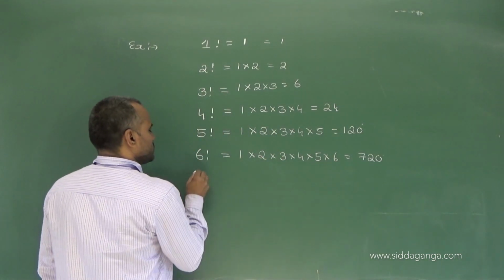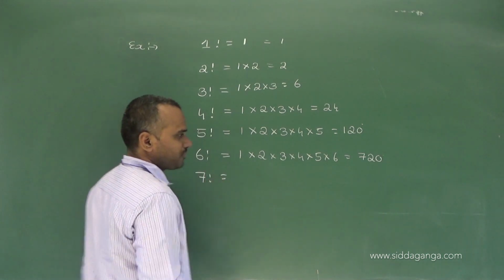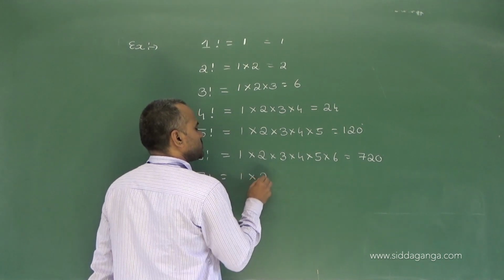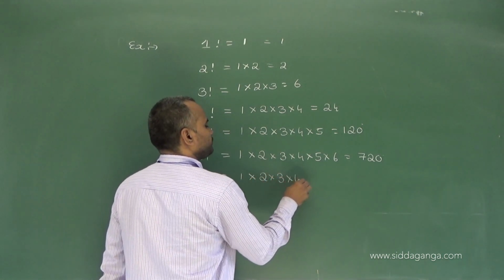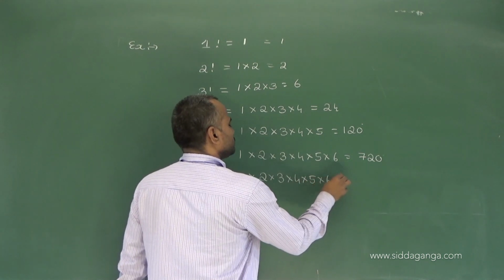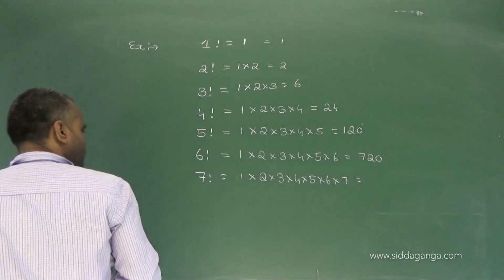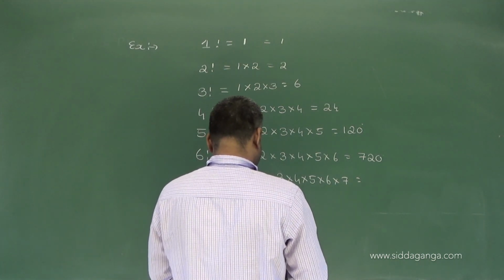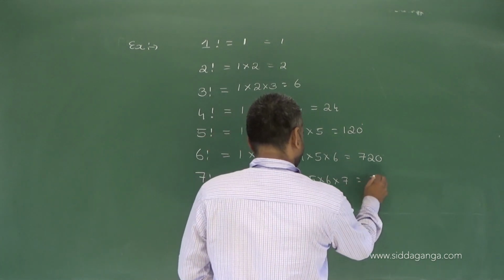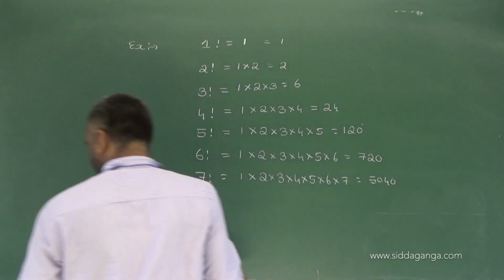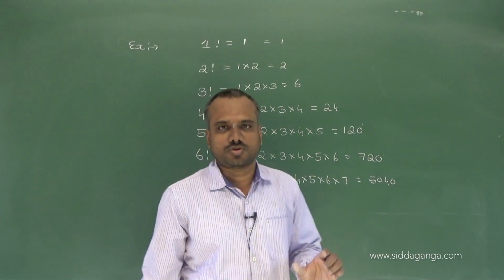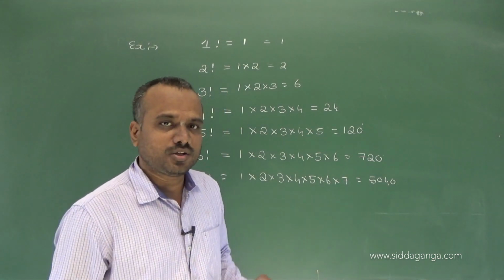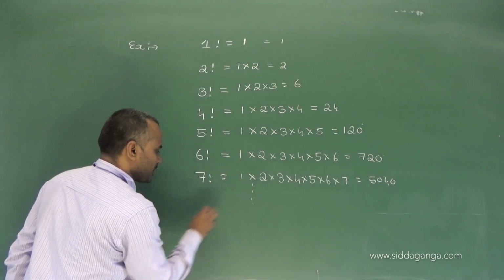Suppose we want 7 factorial, the product of the first 7 natural numbers. The answer is 5040. This is the concept of factorial notation. Very important, factorial notation.